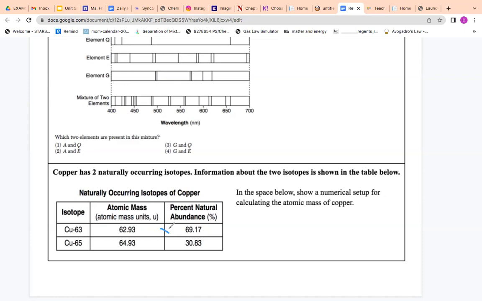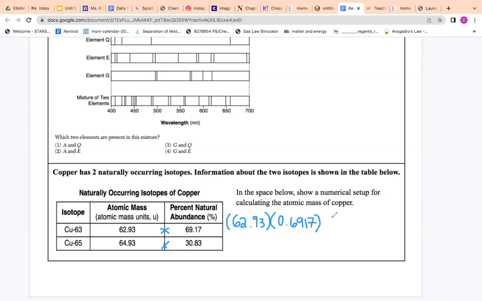So these are going to get multiplied, these are going to get multiplied, and at the end, it's all going to get added up. So what we've got, first step, is 62.93. That's our mass for copper 63. Multiply it by its abundance. However, your abundance has to be changed into decimal. So 0.6917.